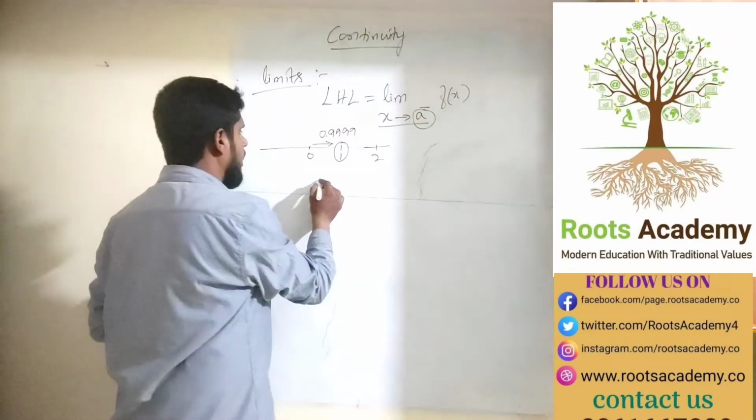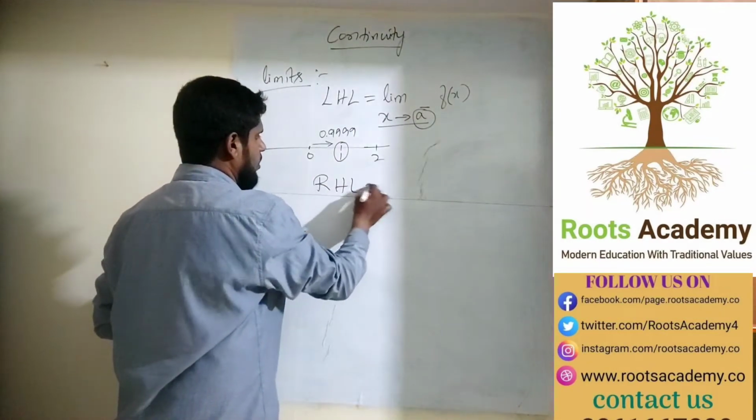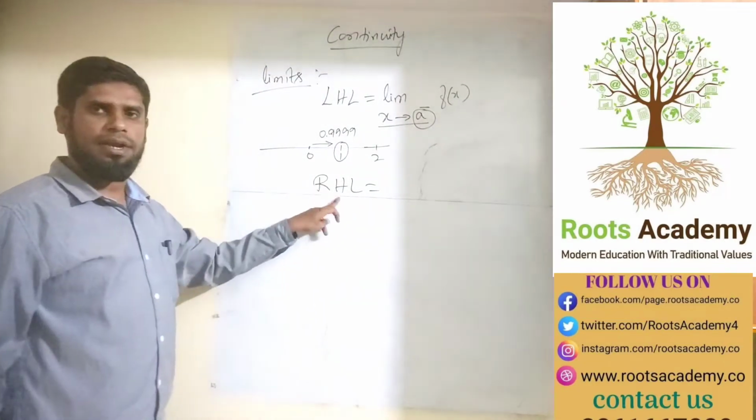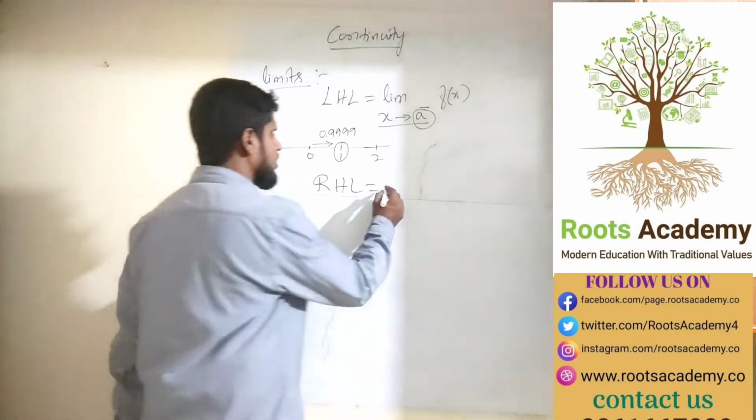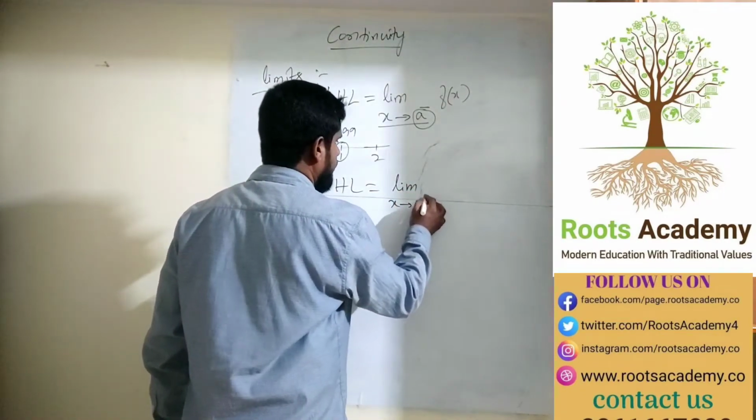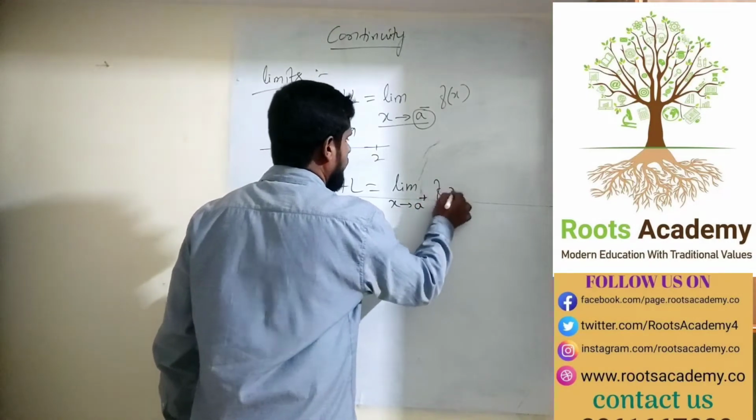Next is the right hand limit, RHL. Its representation is limit x tends to a power plus f of x.